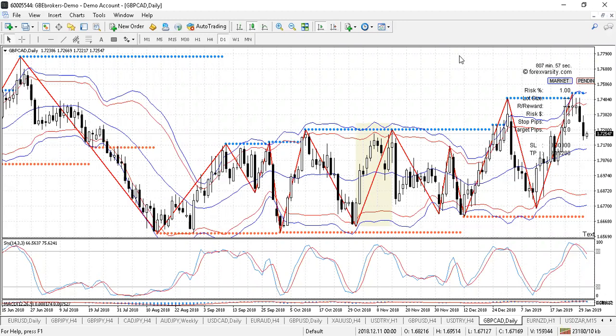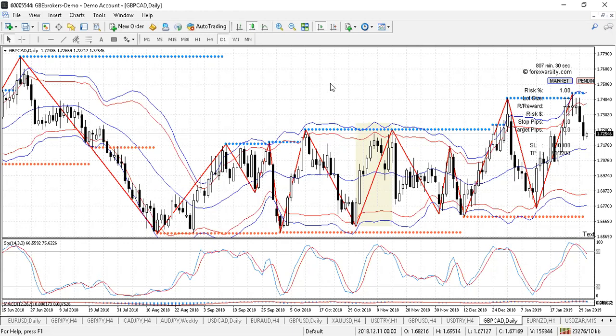I want you to trade it in the general direction of the trend or the momentum of the marketplace to give you the best possible results. So if you're looking at daily or 4-hourly charts, get the general direction from those charts first before going down to the hourly and trading it on the hourly. I'll try and show you what I'm talking about.